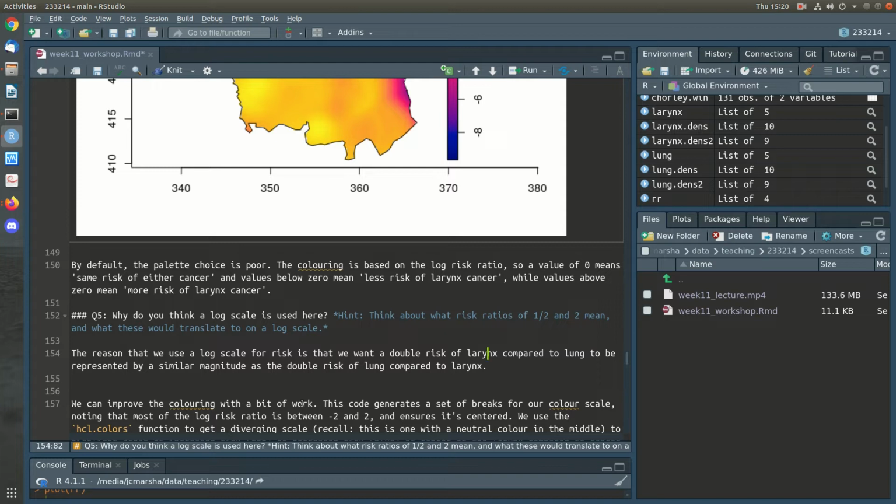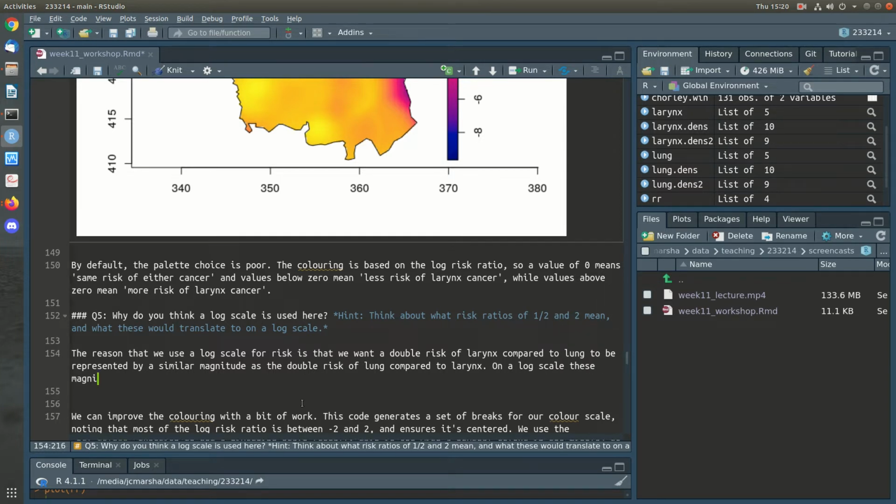The distance from 1 to 2 and from 1 to a half are different. But when they're put on a log scale, these magnitudes are the same. So on a log scale, these magnitudes are the same, i.e. log 2 is the same distance from log 1 as log half is.